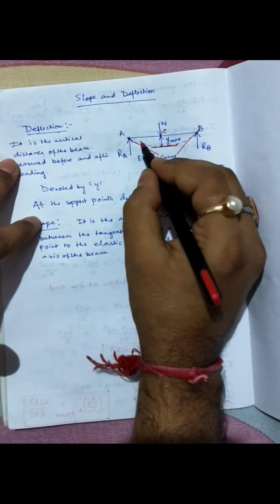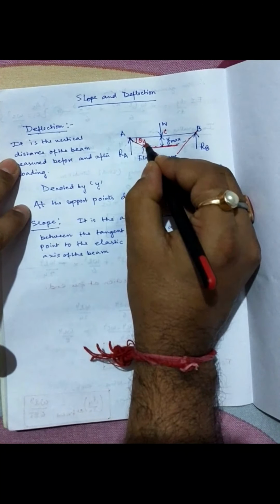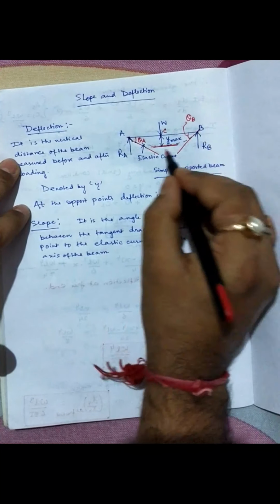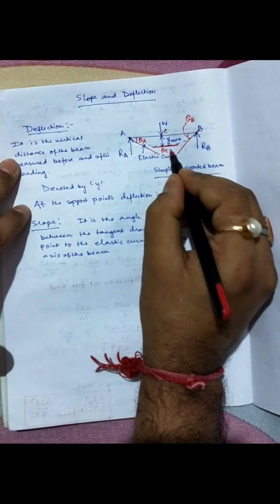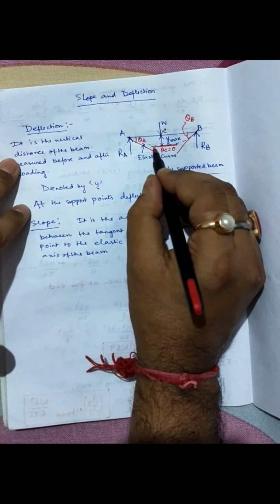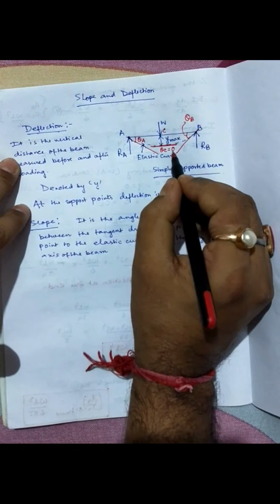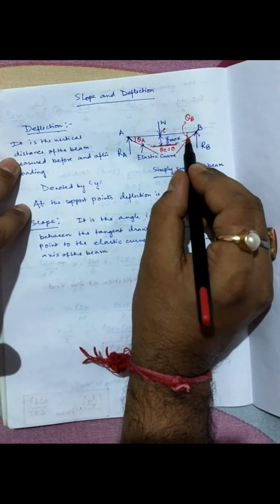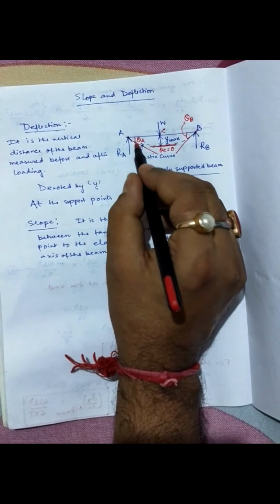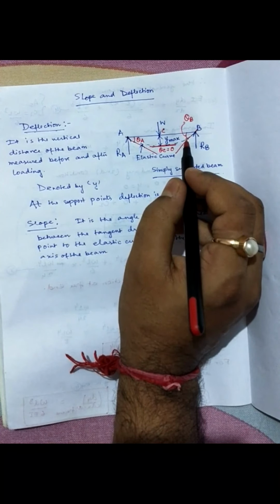The angle formed here is theta A, here theta B, and here theta C. At point C the slope is equal to 0, because the tangent is parallel to the original axis, so theta C equals 0. At theta A and theta B, the two support points, you get the maximum slope.